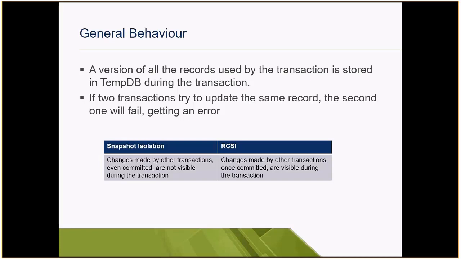So, when should we use one? When should we use the other one? Well, according to this explanation, snapshot isolation level may seem a better choice, a more secure choice.